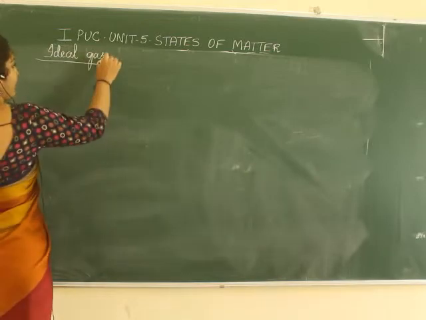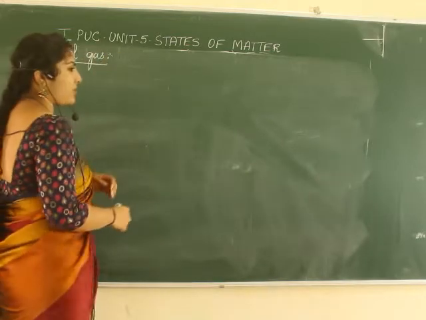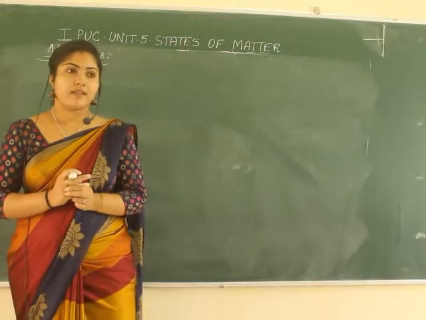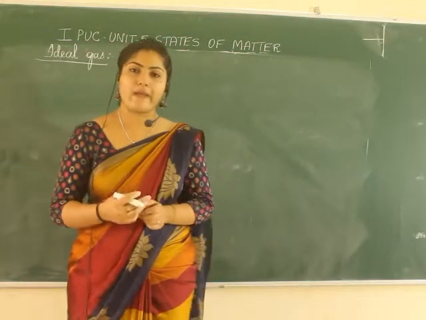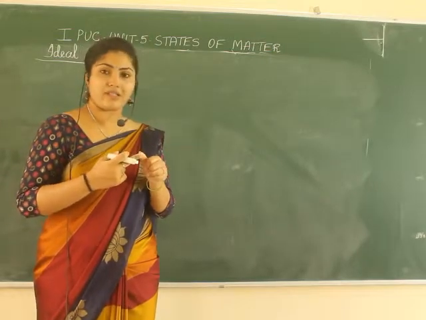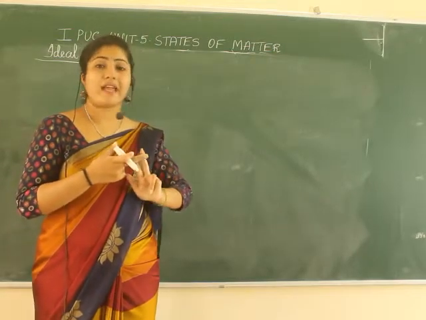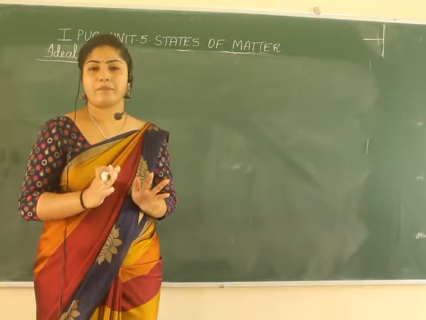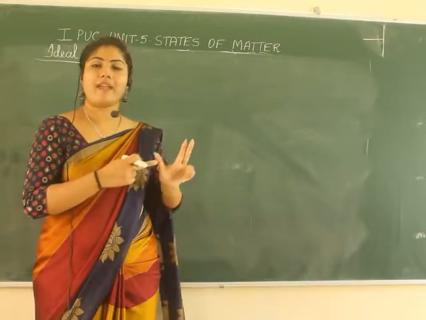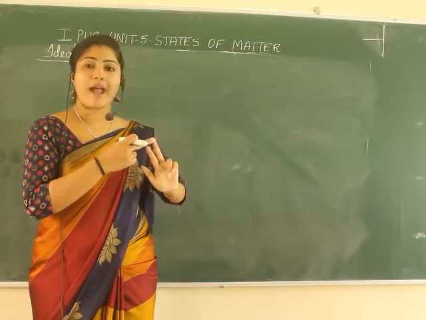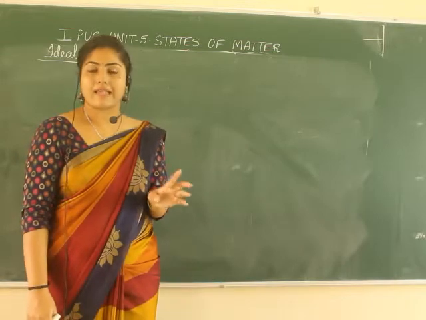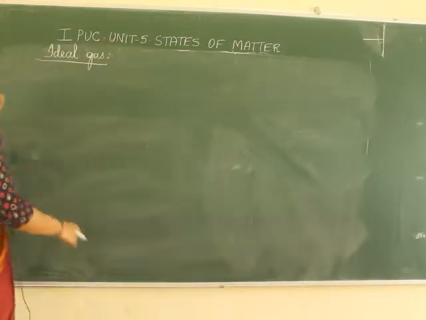See, when you have to define a person with perfection, we say an ideal person. Ideal gas means the gas which can obey all the three laws, especially Boyle's law, Charles' law and Avogadro's law strictly. If the gas can obey Boyle's law, Charles' law and Avogadro's law strictly, we call that gas an ideal gas.